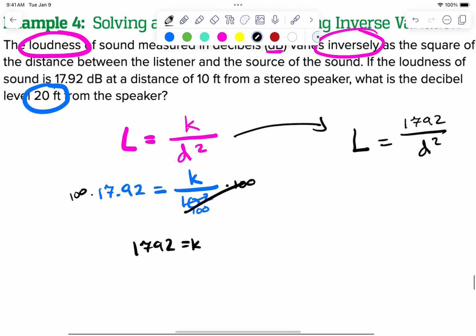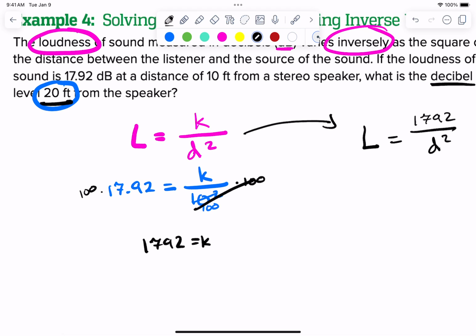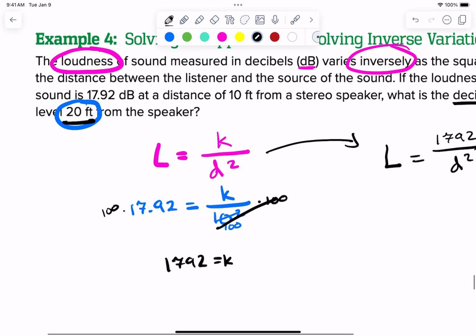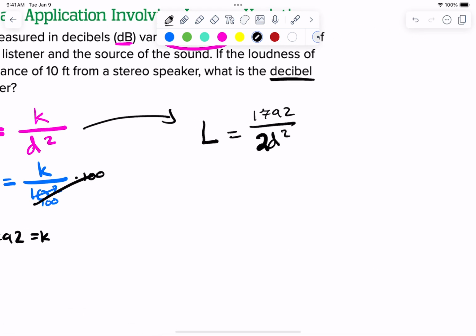It says, what is the decibel level? In other words, what is the loudness if I'm 20 feet away instead of 10 feet away? I know the loudness at 10 feet away is 17.92, right? So I know it should be louder than that, but it's not necessarily going to be double, true? Okay, so distance is 20. 20 squared is 400.